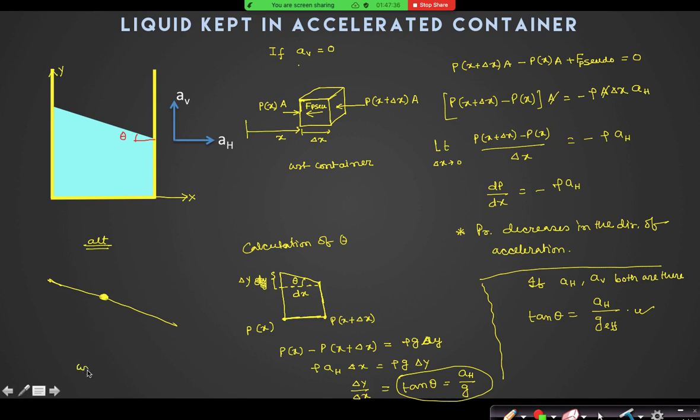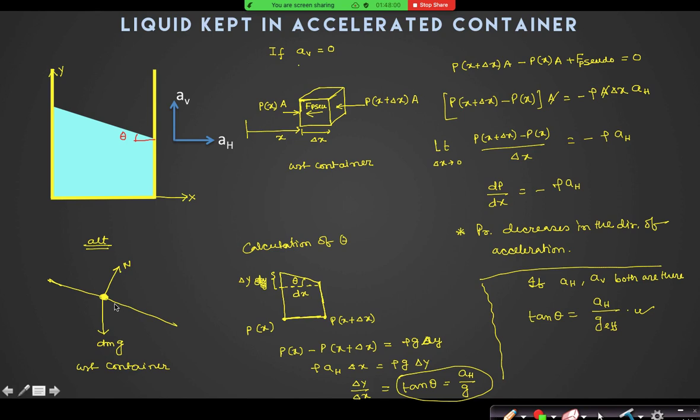With respect to the container, what are the forces on this fluid particle? One is weight, which is dm into g. This fluid surface will exert a normal reaction on it.